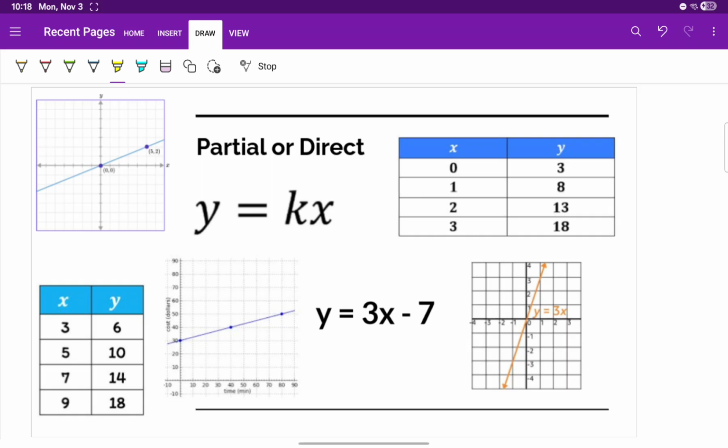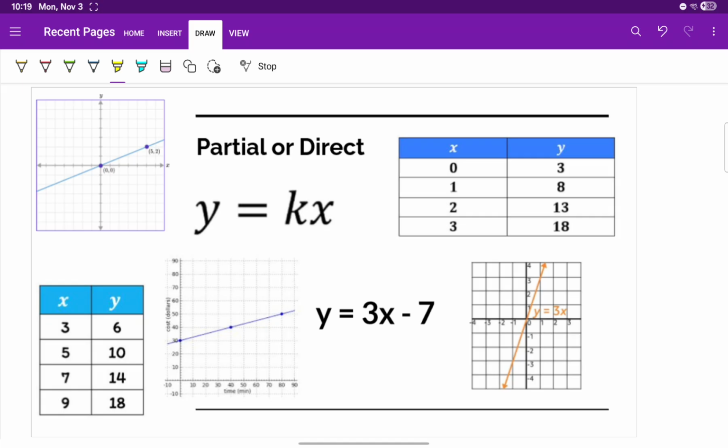And so what I would like you to do for number 3 and 4, before I do these examples, I want you to also tell me if the relationship in numbers 3 and 4 are direct or partial. Okay? We're going to also do this with all the examples that we do tomorrow, but I want you to note that right now on your homework sheet. Determine for number 3 and 4 whether the relationships are partial or direct.